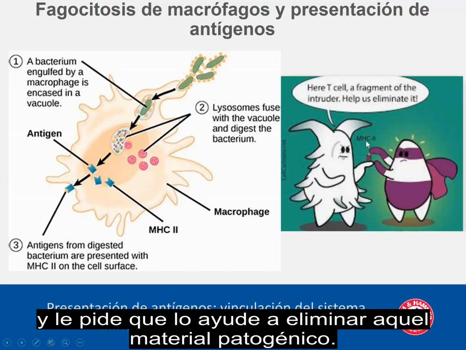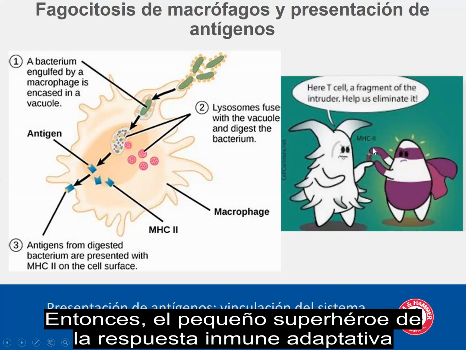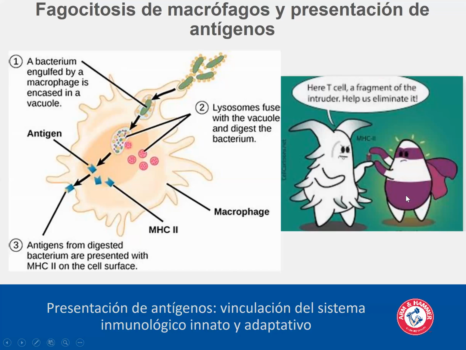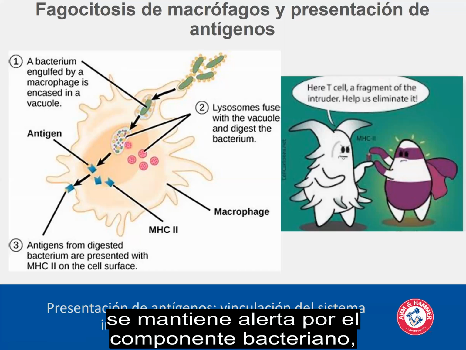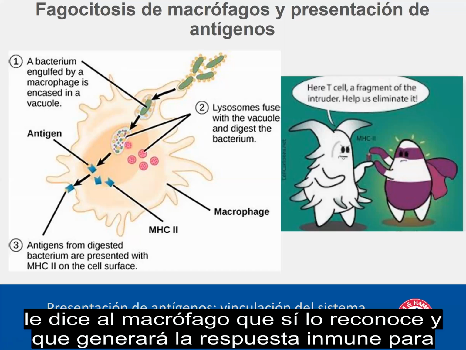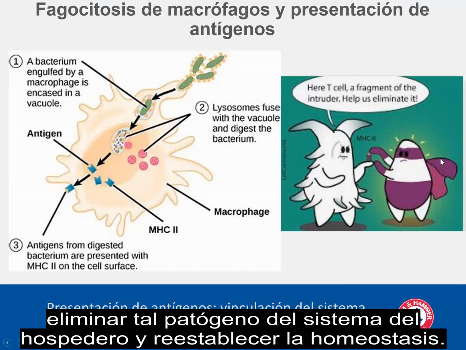Please help us eliminate this pathogenic material." So the T cell superhero of the adaptive immune response is specific for a certain bacterial component, and it says, "Yes, I recognize it. Now I'm going to mount the immune response and help you eliminate this pathogen from the host system and bring back homeostasis."